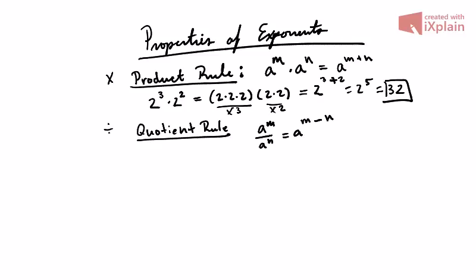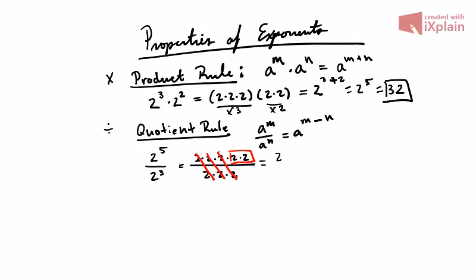Okay, so let's do 2 to the 5th divided by 2 cubed. This is the same thing as 2 times 2 times 2 times 2 times 2, all divided by 2 times 2 times 2. Well, if you remember, anything divided by itself becomes 1, so you can cancel out 3 2's. And you're left with a total of 2 2's in the numerator, and 1 on the bottom.